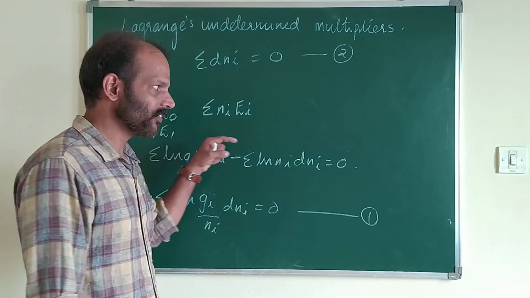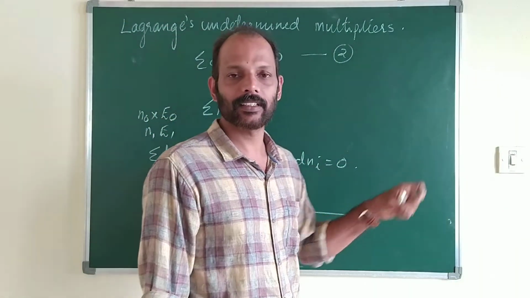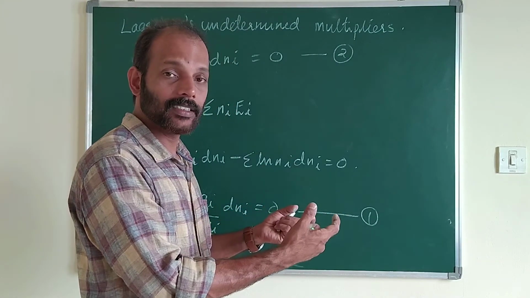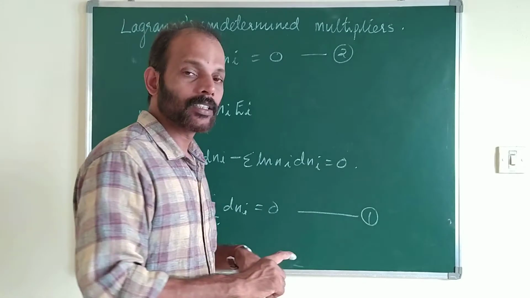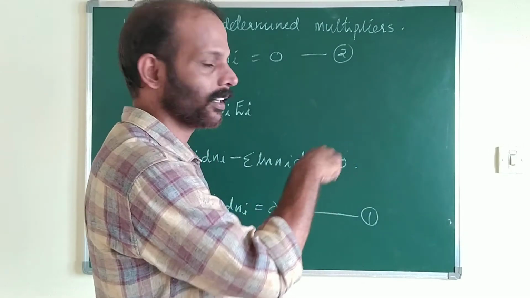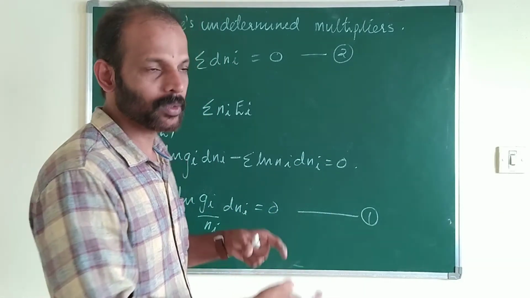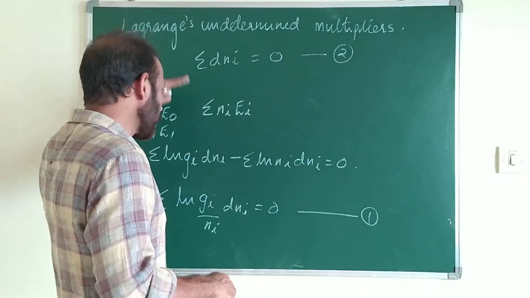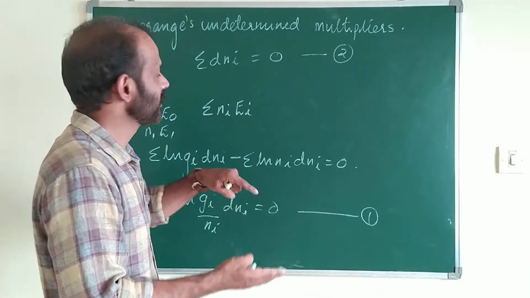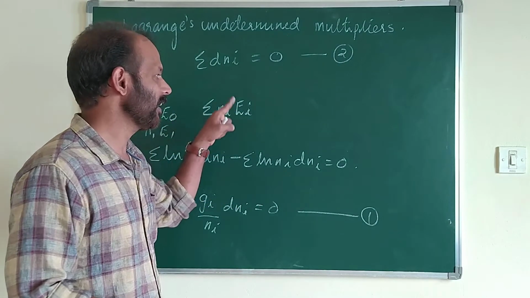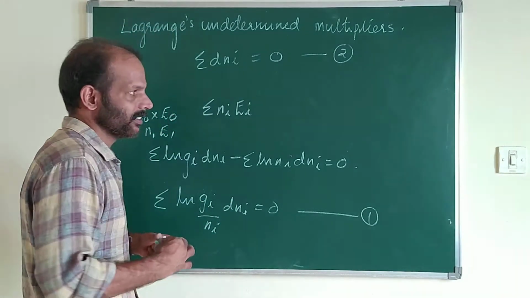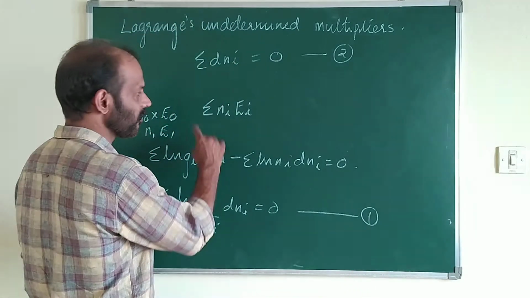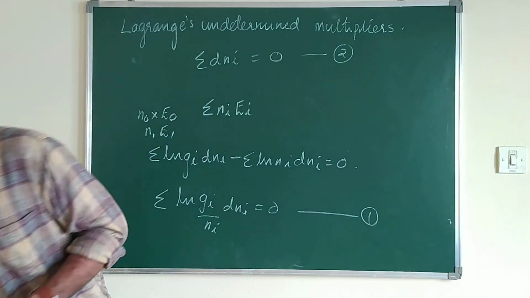The energy of the E0 level, the ground state level, is the energy of that state multiplied by the total number of particles occupying the level, that is n0 into E0. Then n1 into E1, n2 into E2, and so on up to ni into Ei. So the total energy is the sum of all these energies. So we can write it as sigma ni Ei. And we know the total energy of a system is constant. Total energy is constant, so the differential of total energy, which we can put as E, is 0.